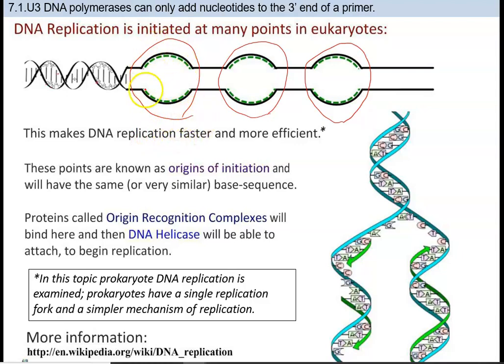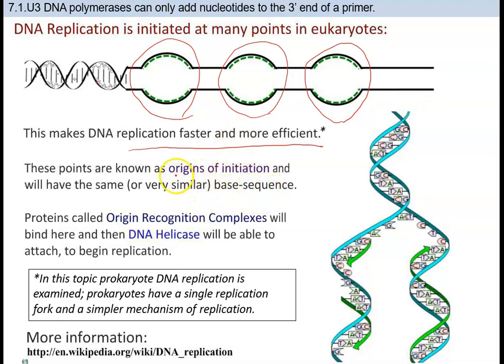So each of these areas is a place for the initiation of replication. This is happening in the eukaryote because they need the replication to be faster and more efficient.